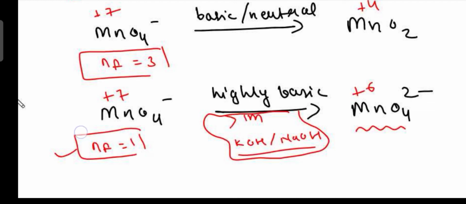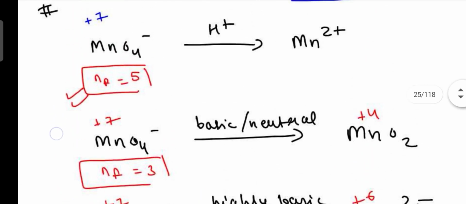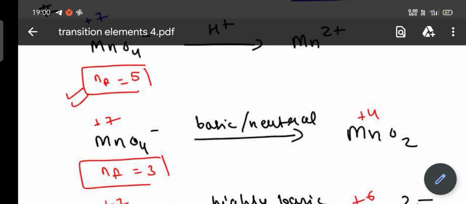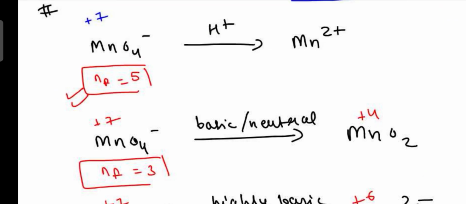This thing we know, right? And the upper two things we don't know, so we need to remember this. When we have acidic medium, we get Mn2+. When there is slightly basic or neutral medium, we get MnO2, pyrolusite ore.